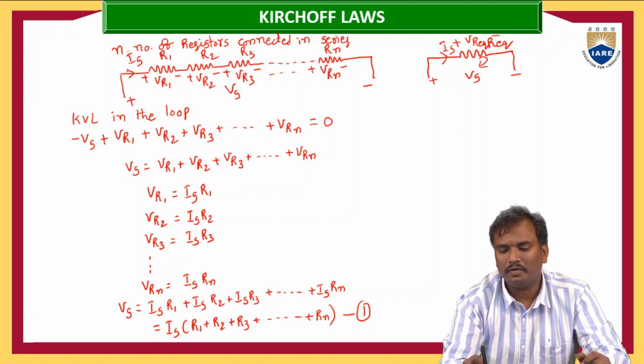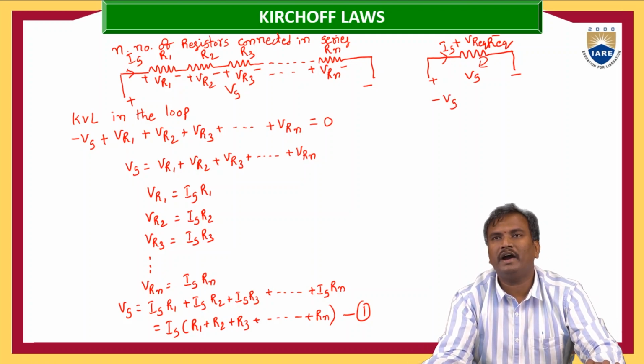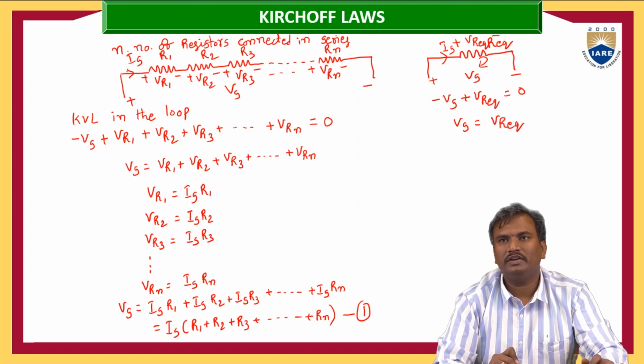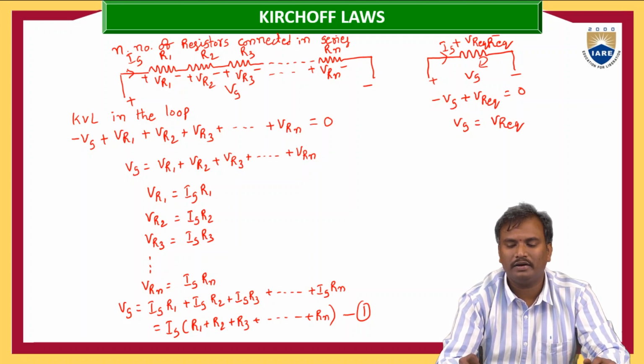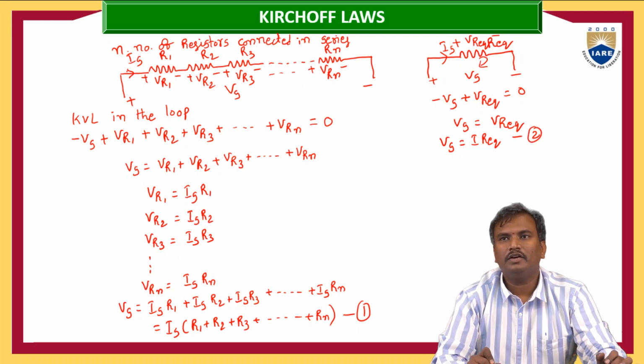So that is, current is entering the negative terminal of the source, that is minus Vs plus V across R equivalent, which is equal to 0. So Vs is equal to V across R equivalent. So from this, Vs is equal to I into R equivalent. This is equation number 2.